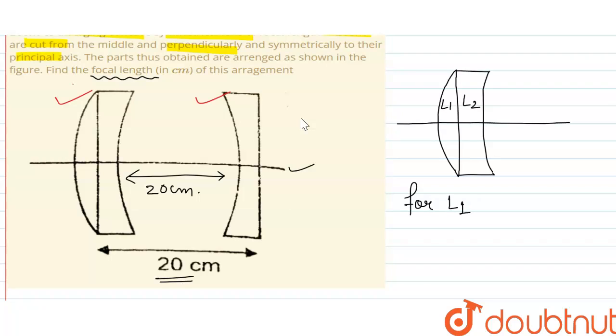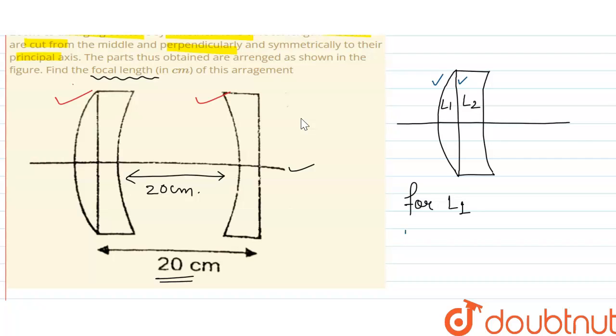For L1, we will apply the lens maker formula. First we have to write the lens maker formula for lens L1. For the lens L1, the first surface is a convex surface and the second surface is a plane surface.